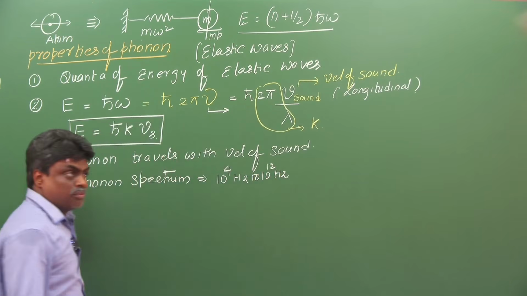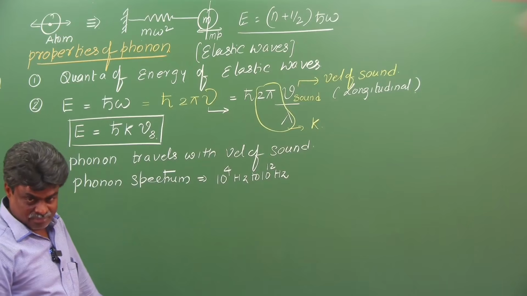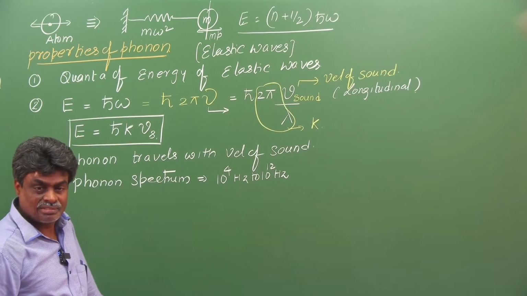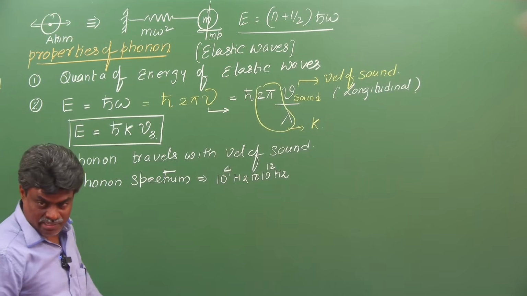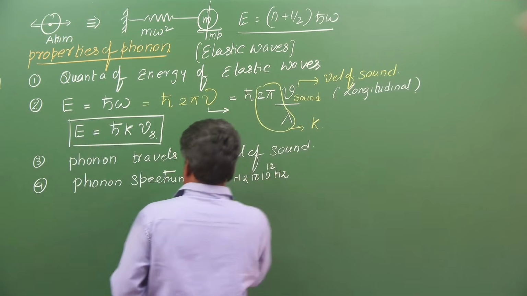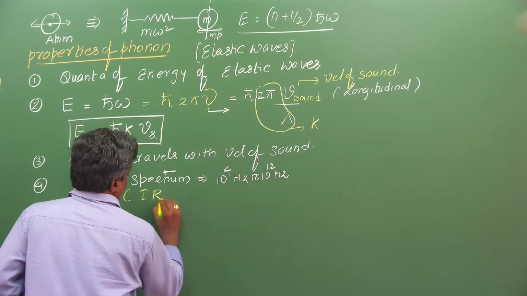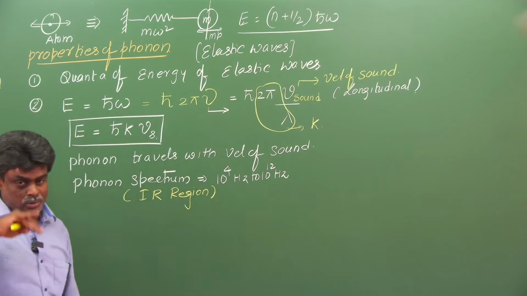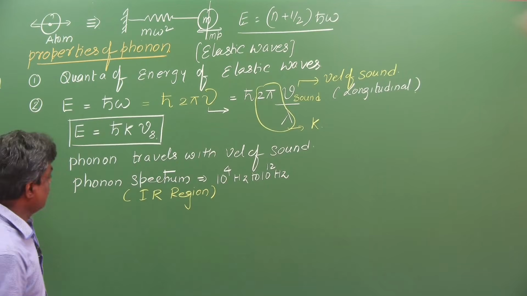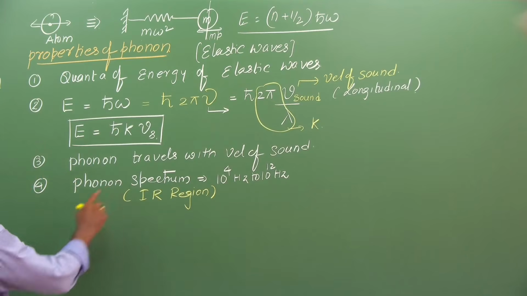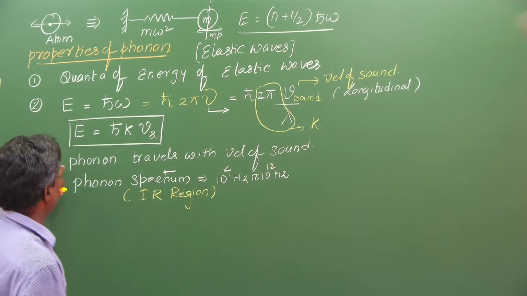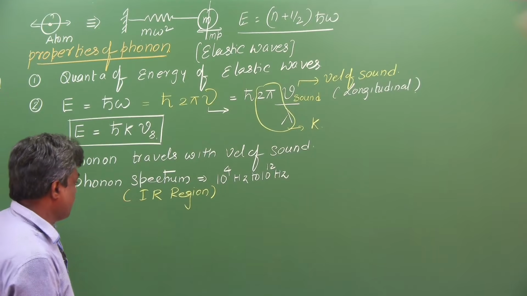Which region? Infrared region. Molecular spectroscopy, we will discuss that spectrum, not here. That's it, and this is the phonon spectrum. Anything we left? Energy, travels with velocity, and phonon spectrum, right.